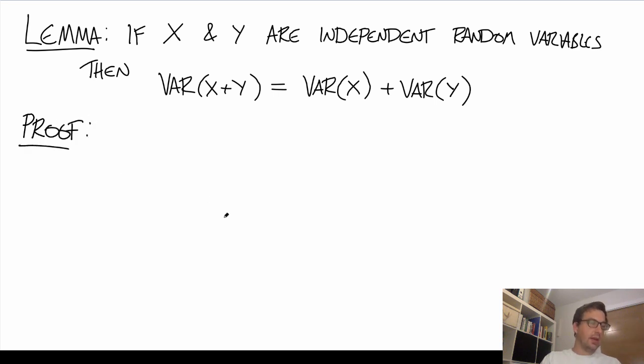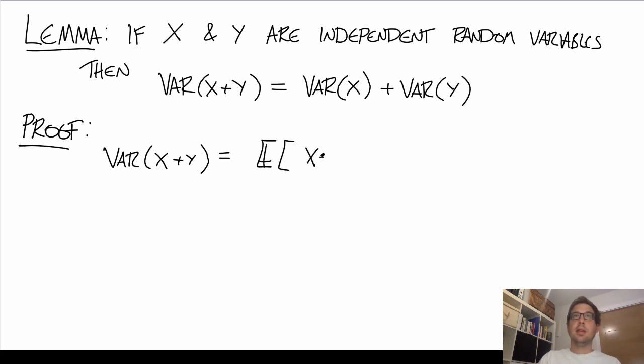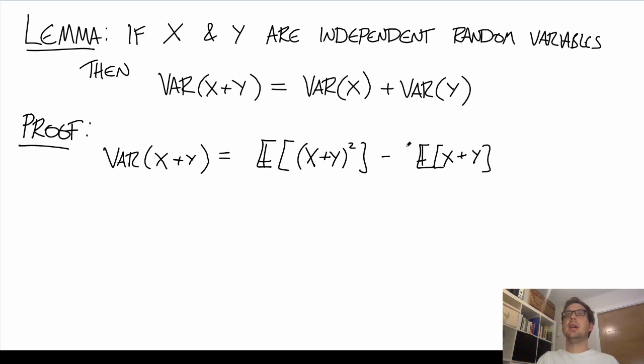Well, the variance of x plus y, using our previous lemma, is just equal to the expected value of x plus y, all squared, minus the expected value of x plus y, and then all of that squared. Now I can expand both of these out.